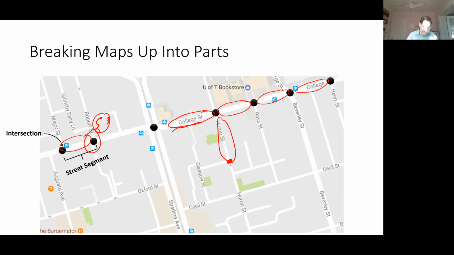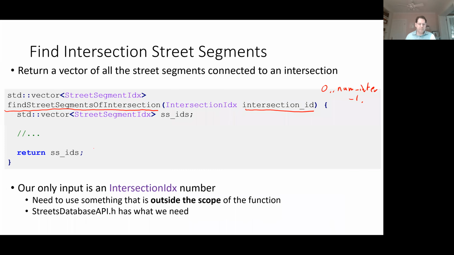So this street segment index might have an ID of 1500. That would be one of the values that we'd have to return in that vector, but it wouldn't be the only one. We'd have other street segments here, so we might have 4 different numbers to return in that vector. Okay, and that's what we need to fill in and return.